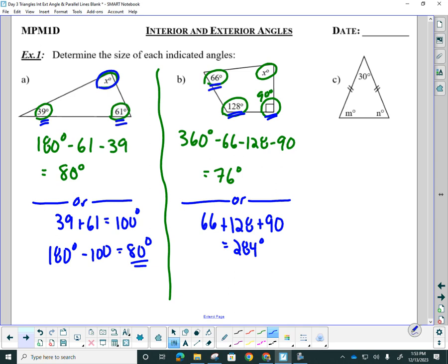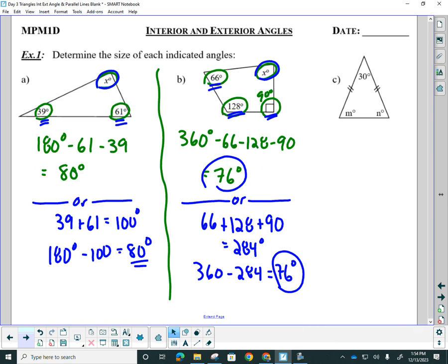I know that there's 360 in total, so if I subtract the 284, that would leave me with the 76 degrees, which is the same as what I have here. So again, I'm not saying one is better than the other. They're both good ideas, and I would encourage you to use whichever one you're more comfortable with.